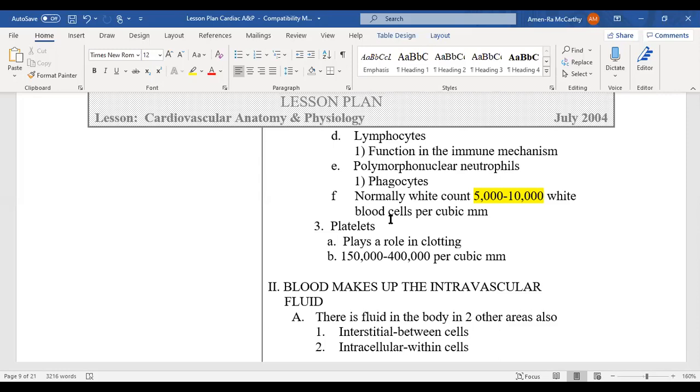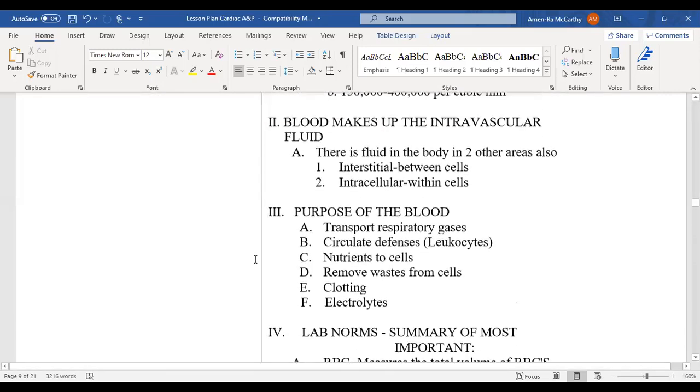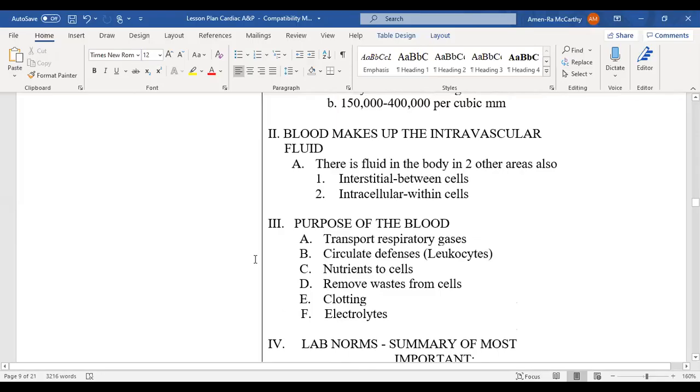All right. Now, don't forget the 3 types of fluid we have in the body. The blood makes up the intravascular fluid. That's the fluid that's inside the vessels. But we also have fluid in 2 other places. Interstitial is the fluid where? In between the cells. Intracellular is the fluid where?